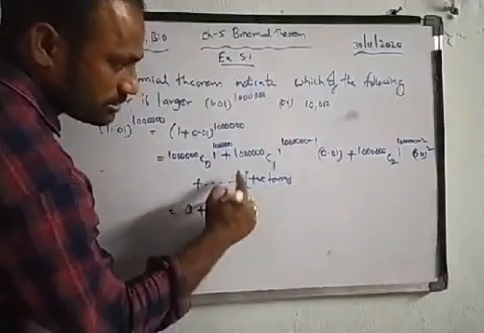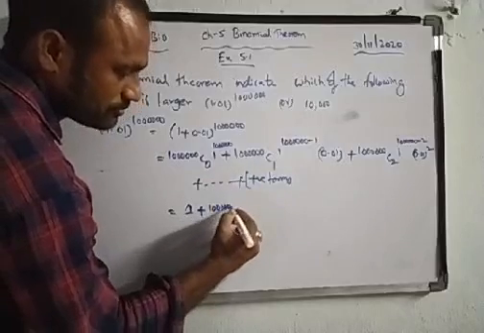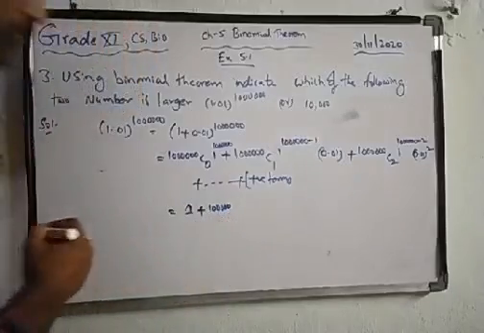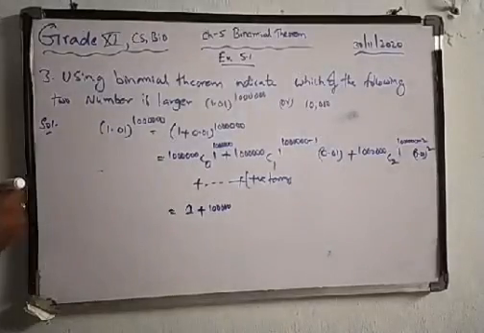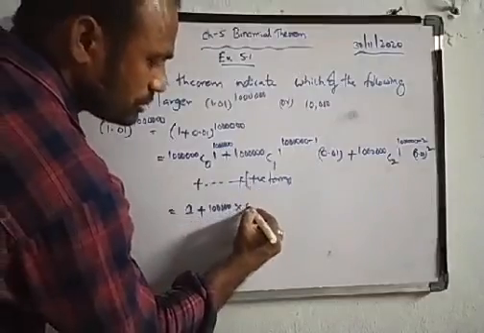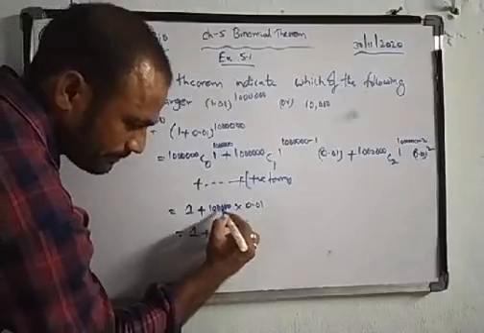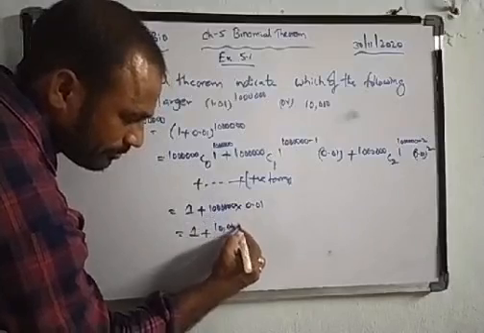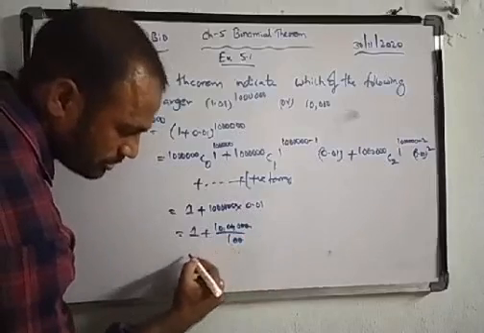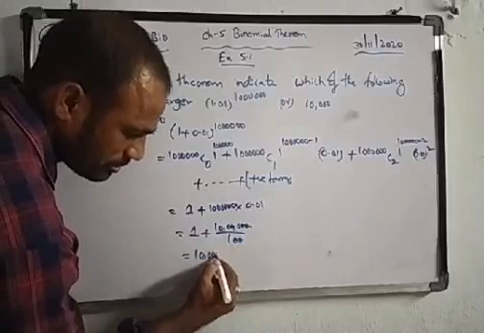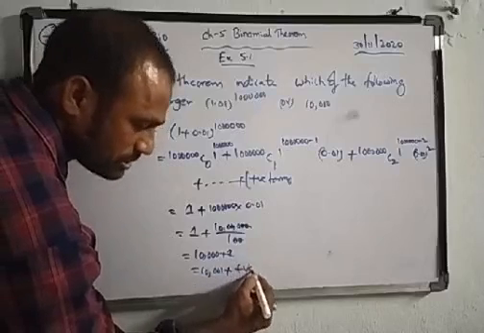C1 will be 10 lakh only, into 0.01. So this can be written as 10 lakh divided by 100. Two zeros, two zeros get cancelled. So 10,000 plus 1, that is 10,001 plus some positive terms.